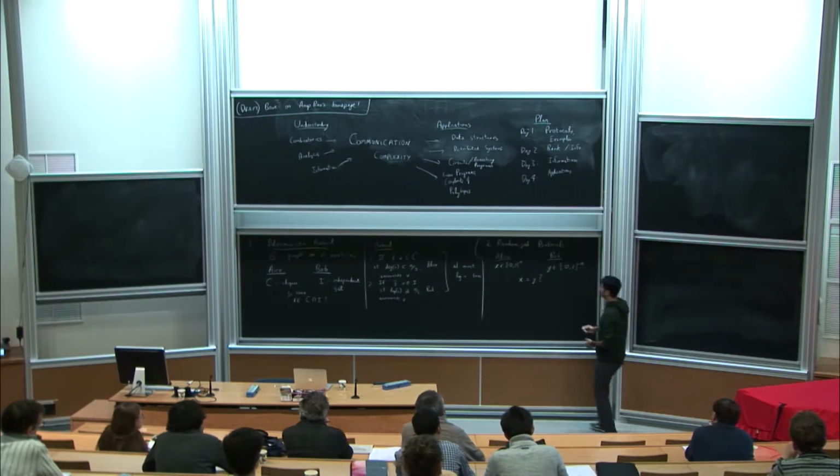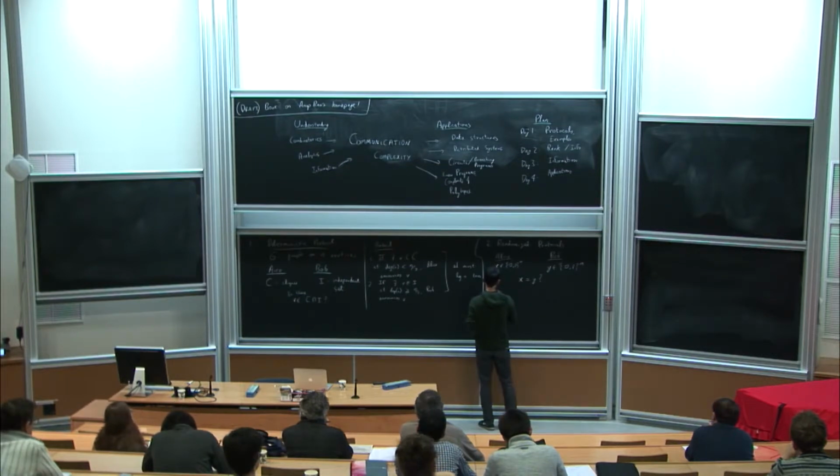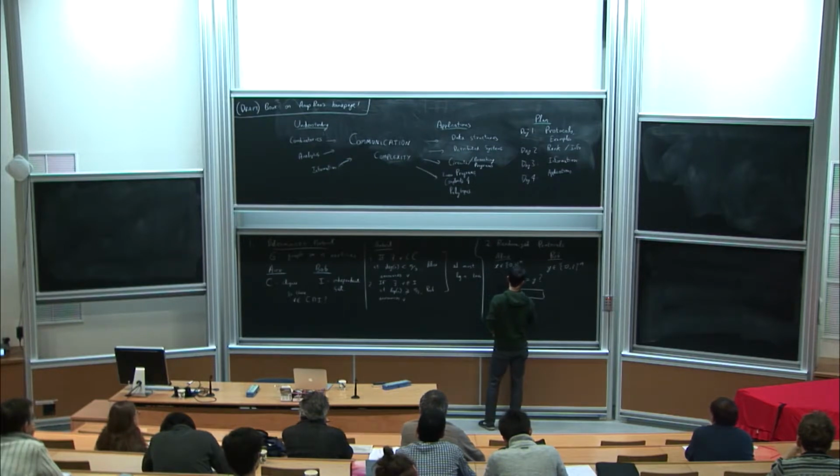But now I want to show you that if they're allowed to use randomization, they can do much better. So here's the idea. They will pick a random n-bit string z.